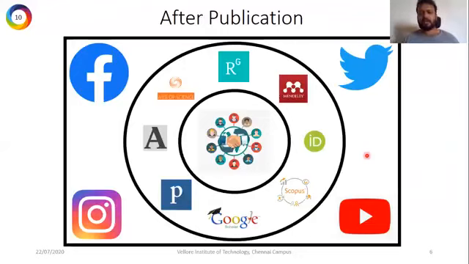To begin with, the moment after you publish a paper, always send an email to all your collaborators, all your research acquaintances, all the people across the globe who are in that particular research domain.